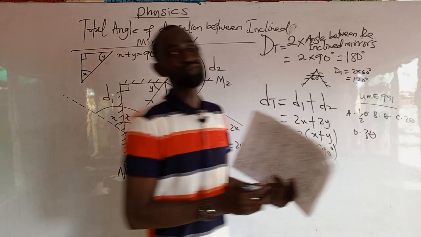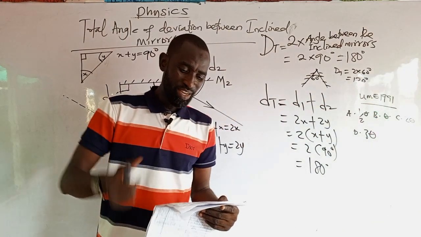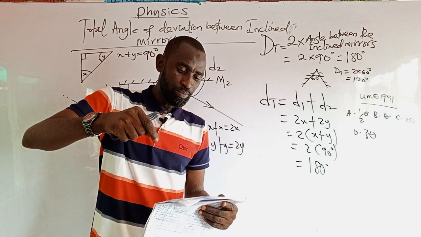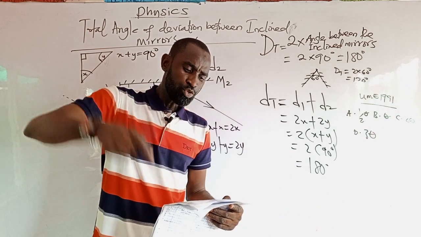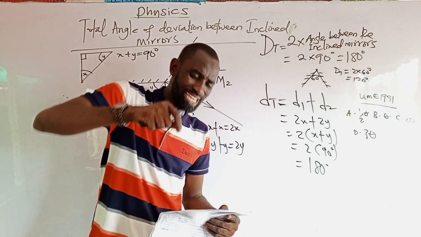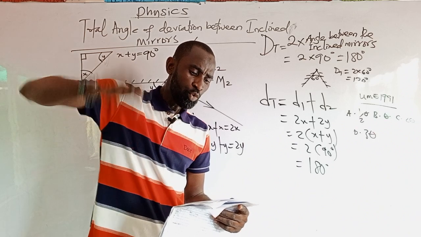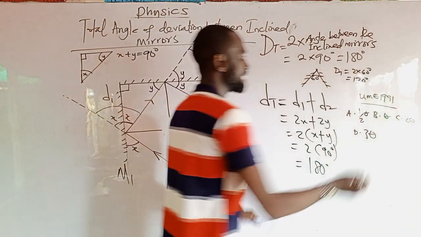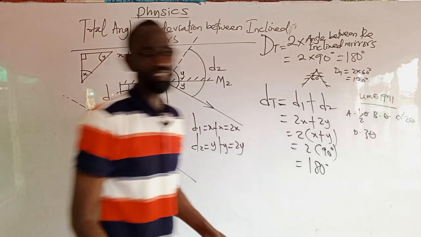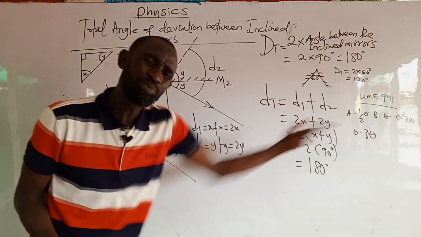See the question. Funny question. Class, what's the answer? Correct, 2 theta. That is the rotation of a mirror. Can you see how simple the question is?